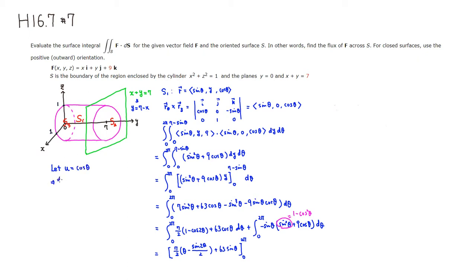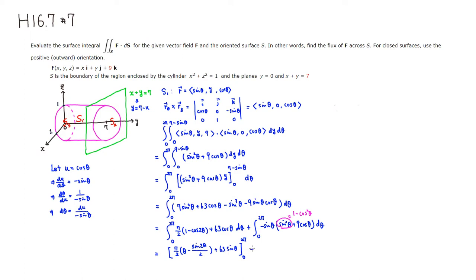If you take the derivative, du over d theta is going to be negative sine of theta. Take the reciprocal of both sides, we get 1 over minus sine of theta. So we know that d theta is du over negative sine of theta.